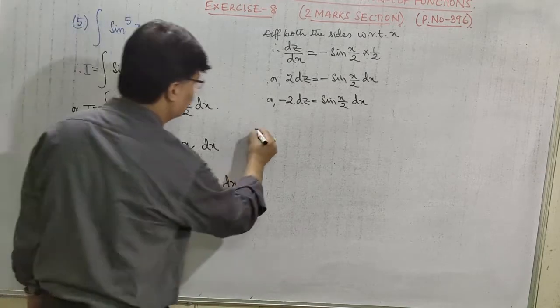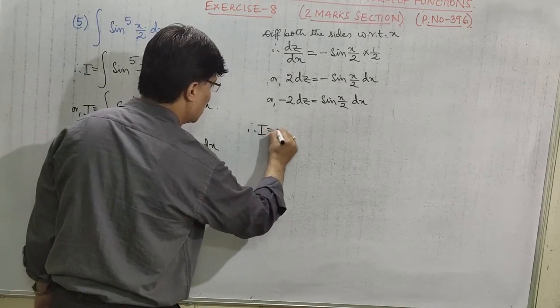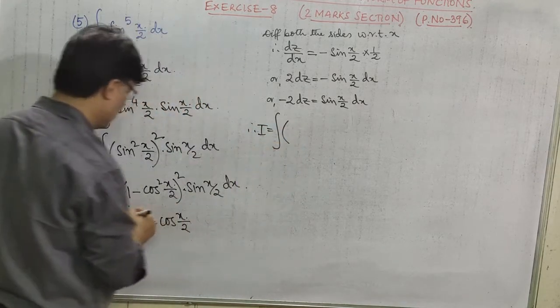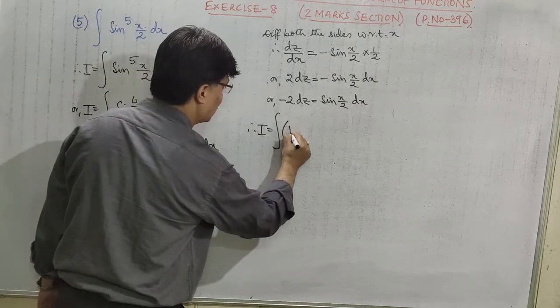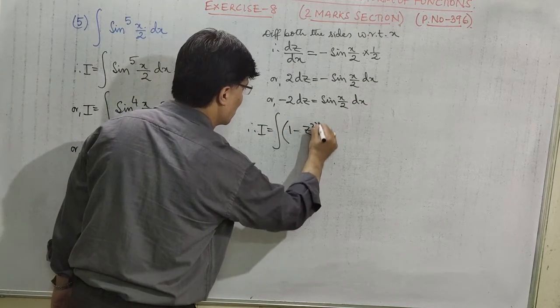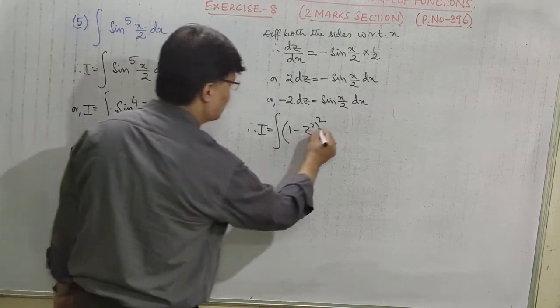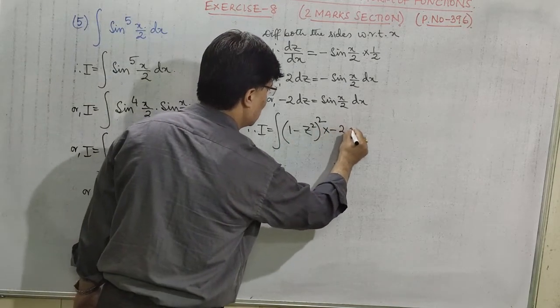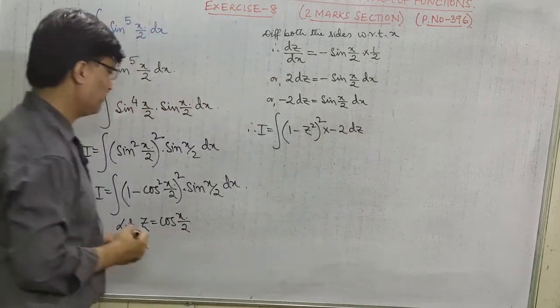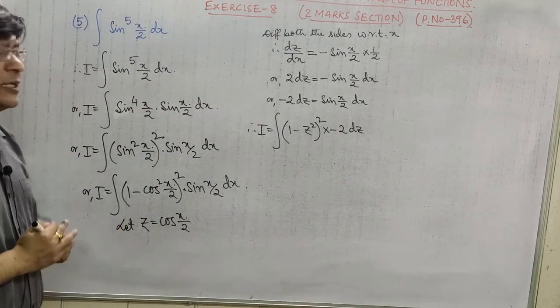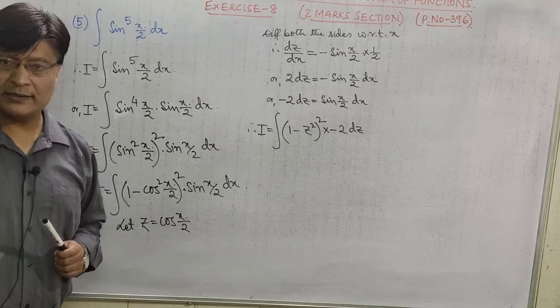So what is I now? I is equal to integration of, within bracket, 1 minus z square whole square. What is sine x by 2 dx? Here sine x by 2 dx is minus 2 dz, right?